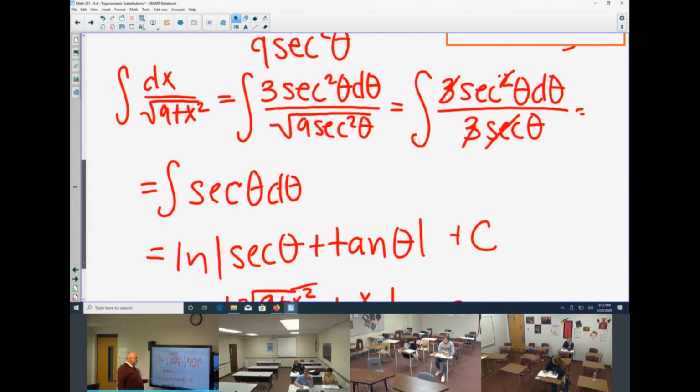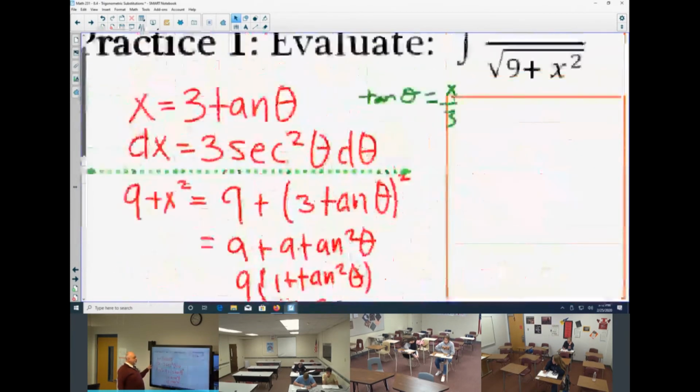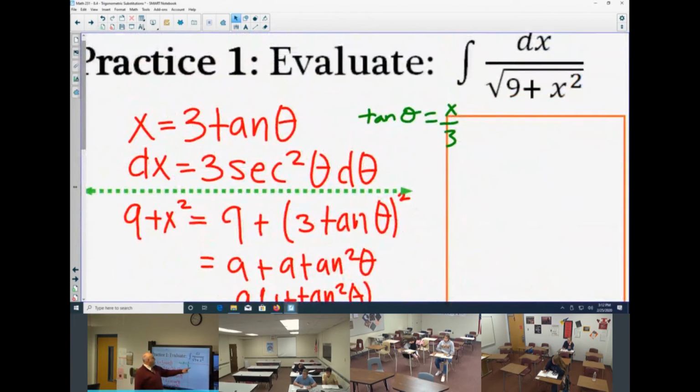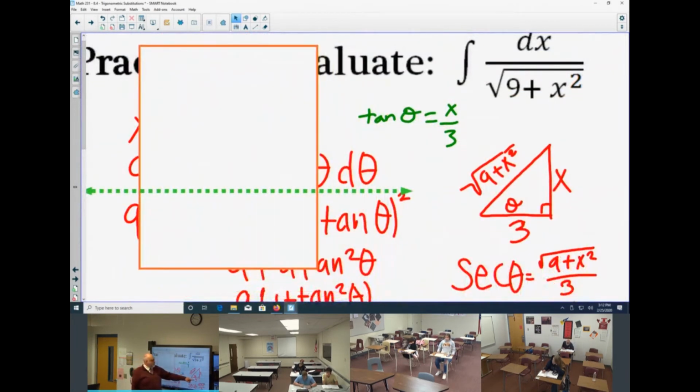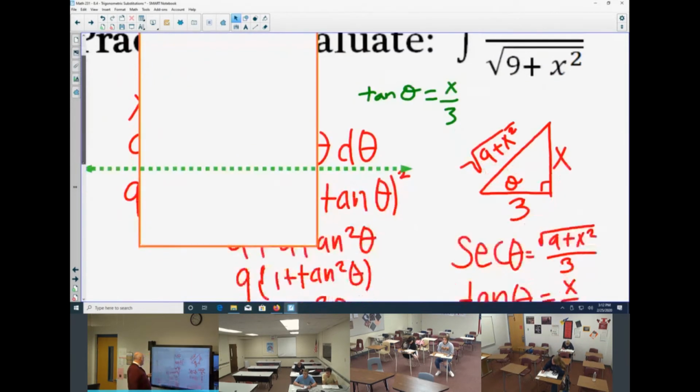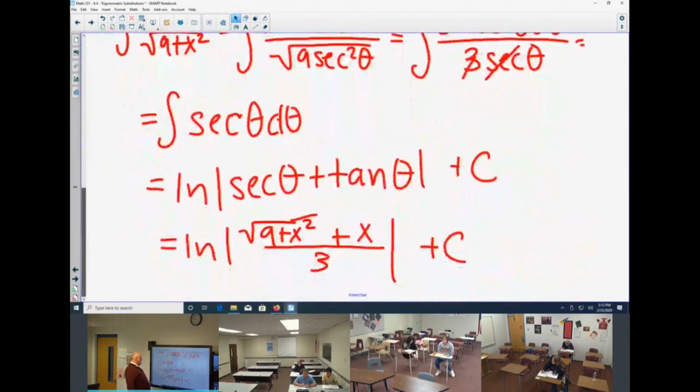Finally, to put it back in terms of x, you look at your original triangle. And so the secant theta is hypotenuse over adjacent. Tangent of theta is x over 3. So you put those over the same, you just write them together, and that's the answer.